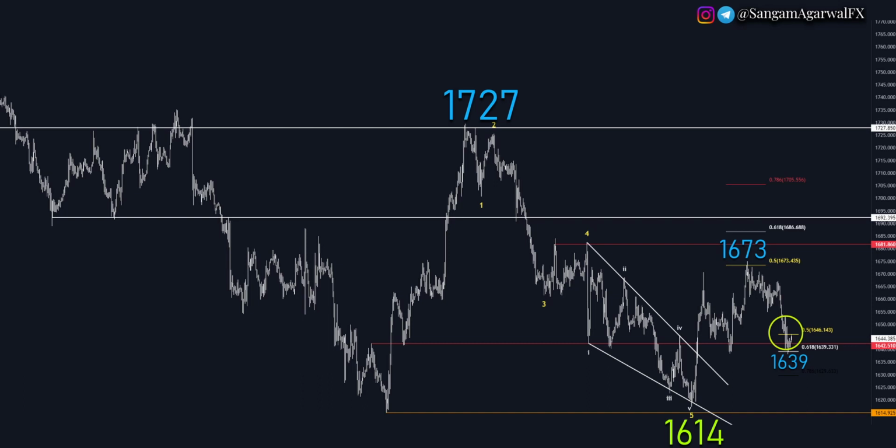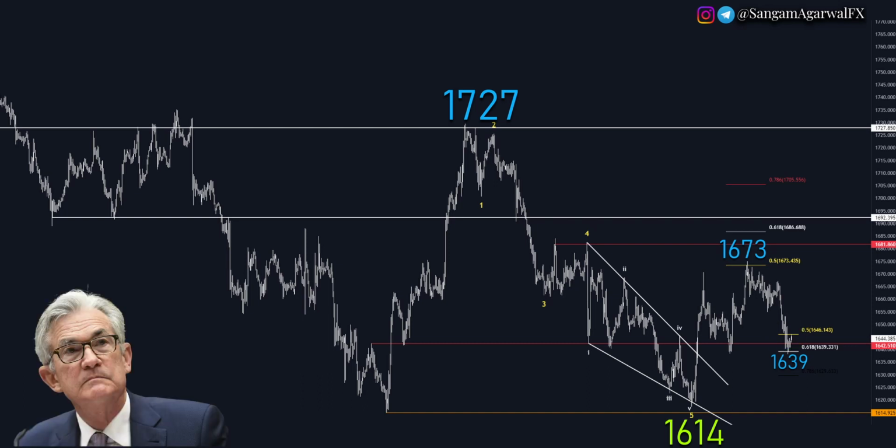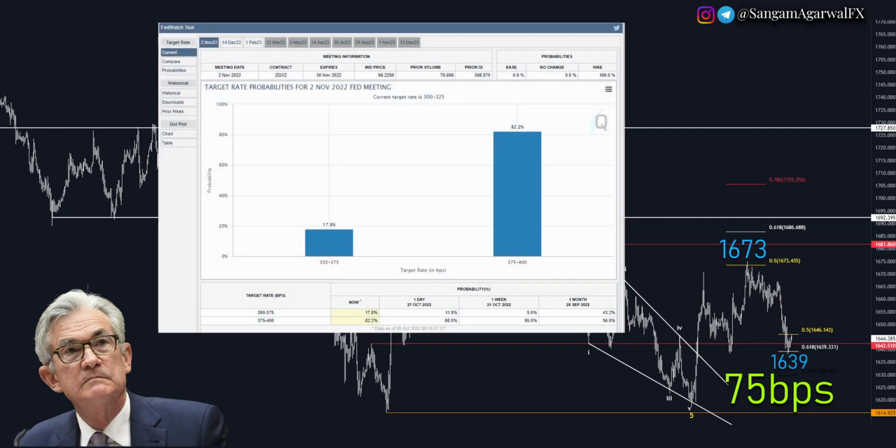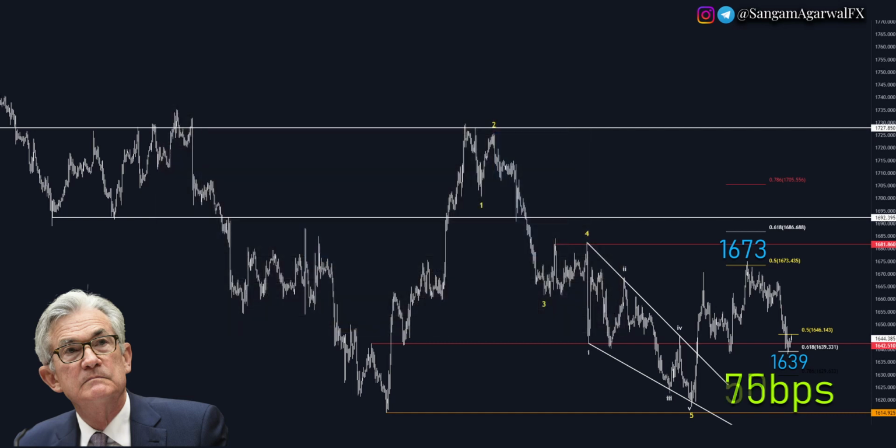So the new definition of Fed pivot, that they will decrease rate hike size from 75 to 50 in the December FOMC meeting, is the main reason behind this gold bullish trend, because the 75 basis point rate hike in November FOMC meeting is almost done, or if they raise lower than 75, then gold can jump instantly to the upside.